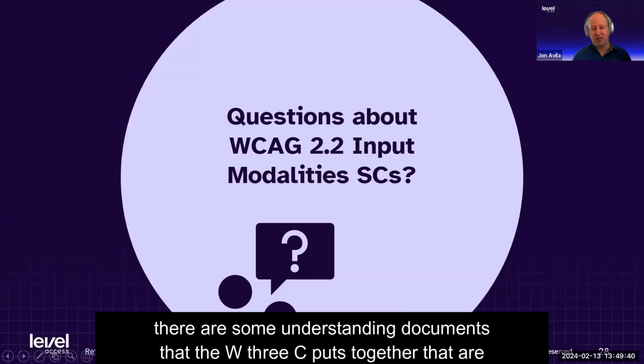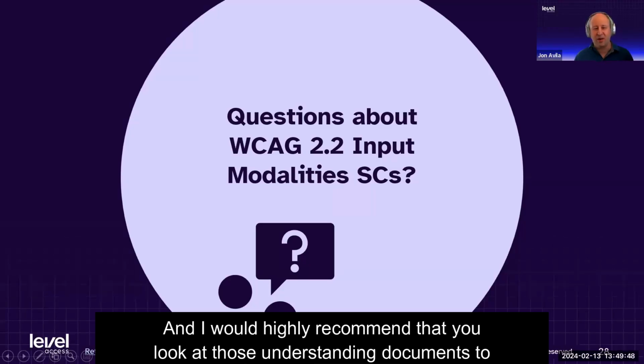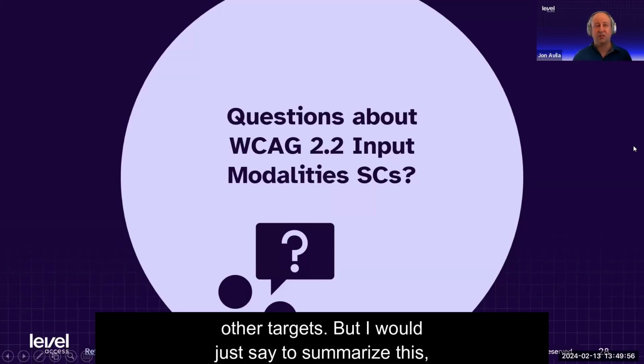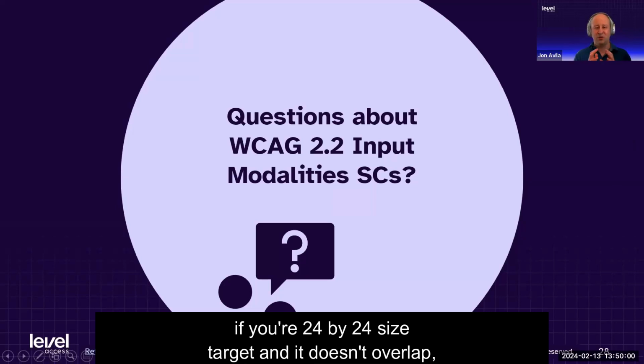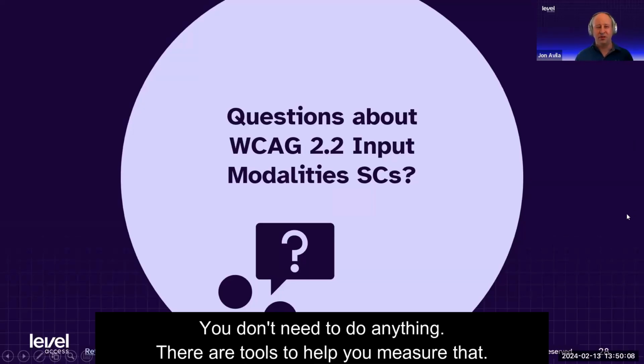There are some understanding documents that the W3C puts together that are informative, that go along with each one of these criteria. I would highly recommend that you look at those understanding documents to understand those different scenarios of overlapping targets or targets inside of other targets. But to summarize, if you're a 24 by 24 size target and you don't overlap or intersect another one, you're good. You don't need to do anything.